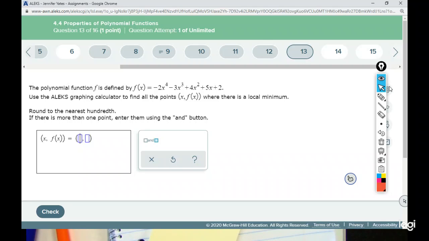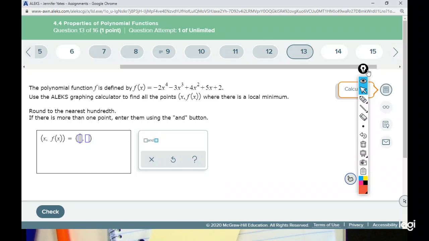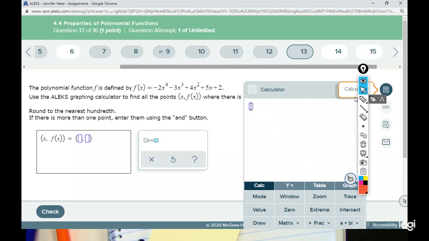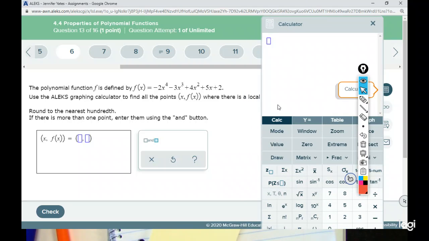And this one wants you to use the graphing calculator this time to find the minimums. We just learned how to find zeros, and this is going to feel very, very familiar. Grab your calculator. Come on, you can do it. We type in our equation at y equals.